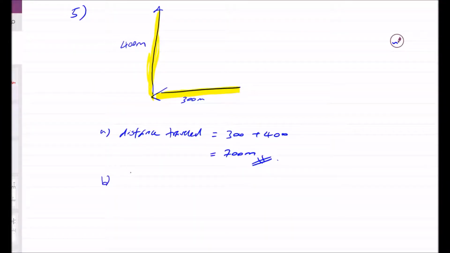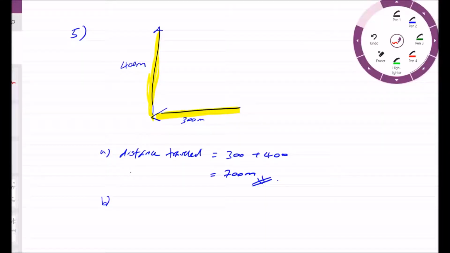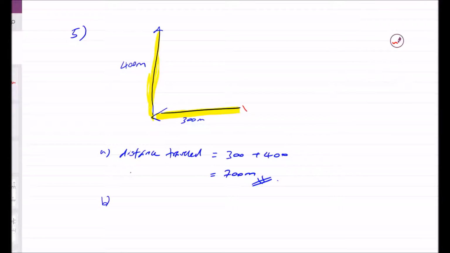Part B. Determine the magnitude of his displacement. I'm going to draw his displacement in red. So we see here, this is the initial point, and the final position is here. The displacement is this distance and in that direction.